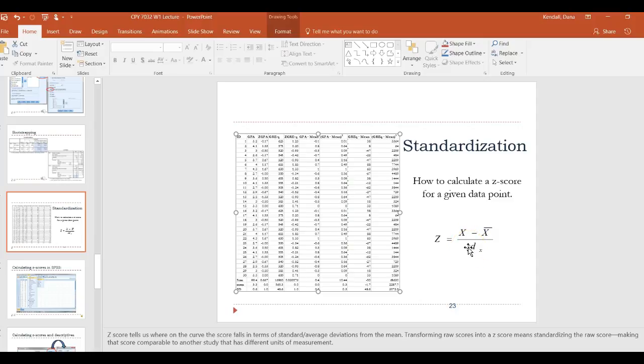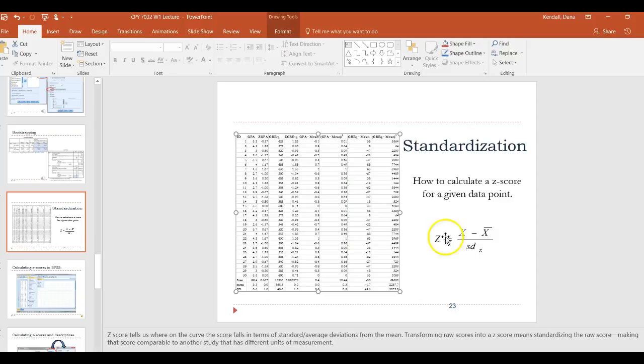And again, what this does is it cleanses the data point from any units of measurement such that it can be compared across studies regardless of the units of measurement of the study. So, feet to inches, or kilograms to pounds to self-efficacy scores, it doesn't matter, because standardization really gives us a picture of where that data point falls in relation to the mean of the data set.